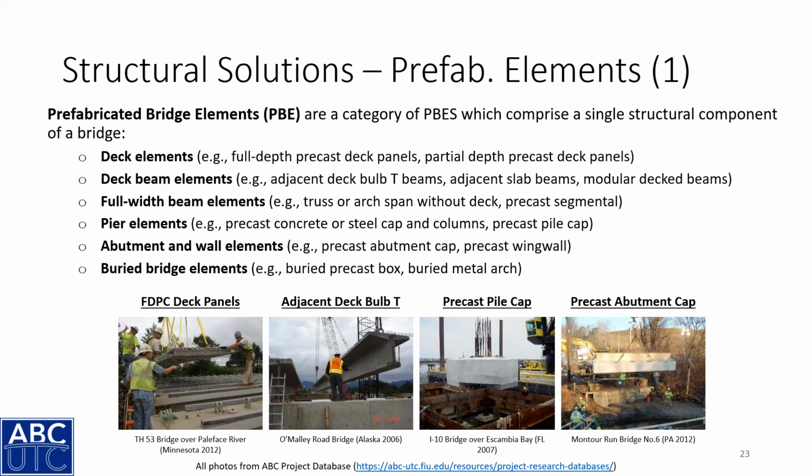There are a number of different categories of prefabricated bridge elements and systems as listed here. We have deck elements, deck beam elements, full width beam elements, pier elements, abutment and wall elements, and buried bridge elements. And you can see some examples of some of those shown here, where all the photos are taken from the ABC project database.